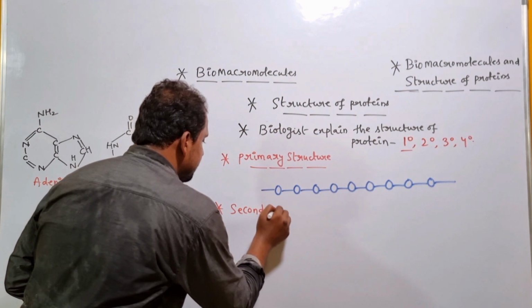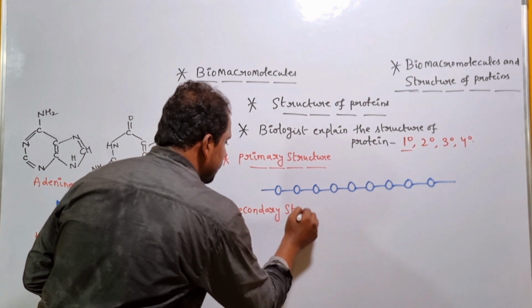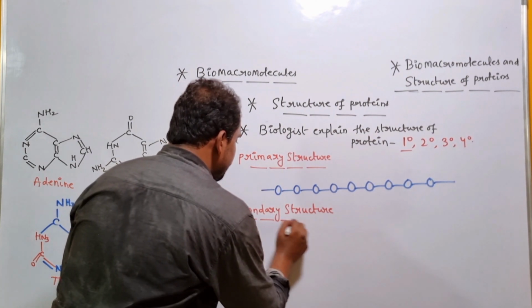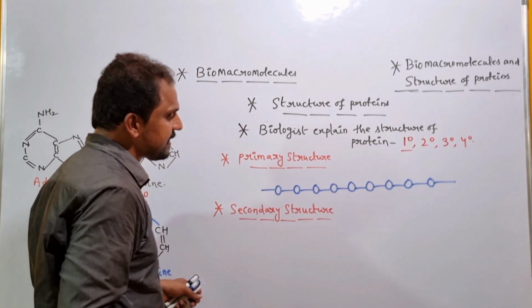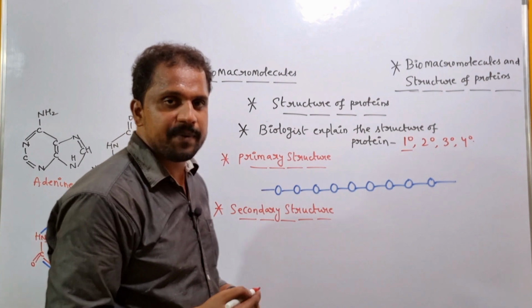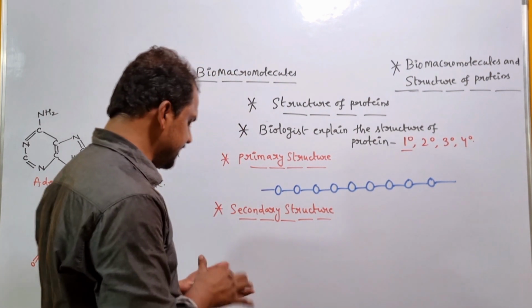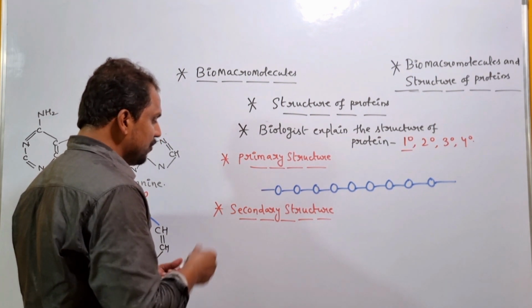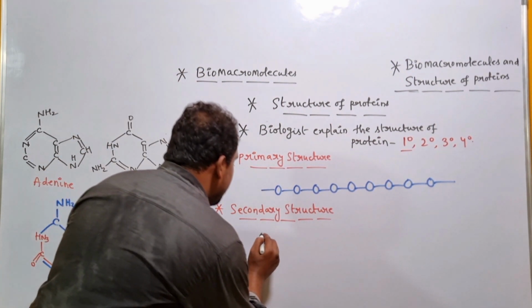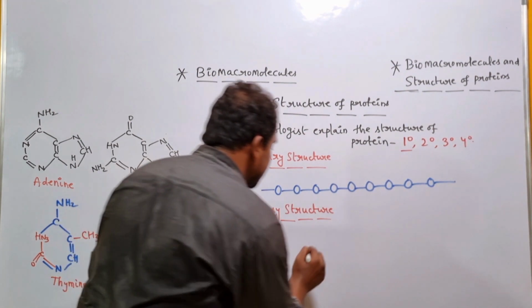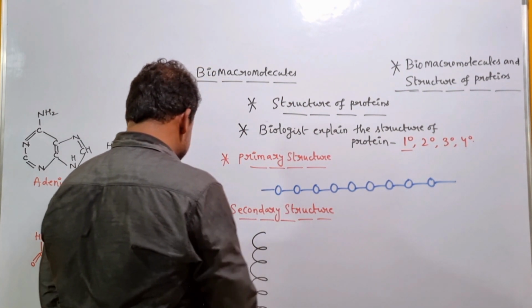Secondary structure. In case of the secondary structure, the specific polypeptide chain undergoes folding. Is it clear? In secondary structure, we can observe 2 different types: the right-handed alpha helix and the other one is beta pleated sheet.